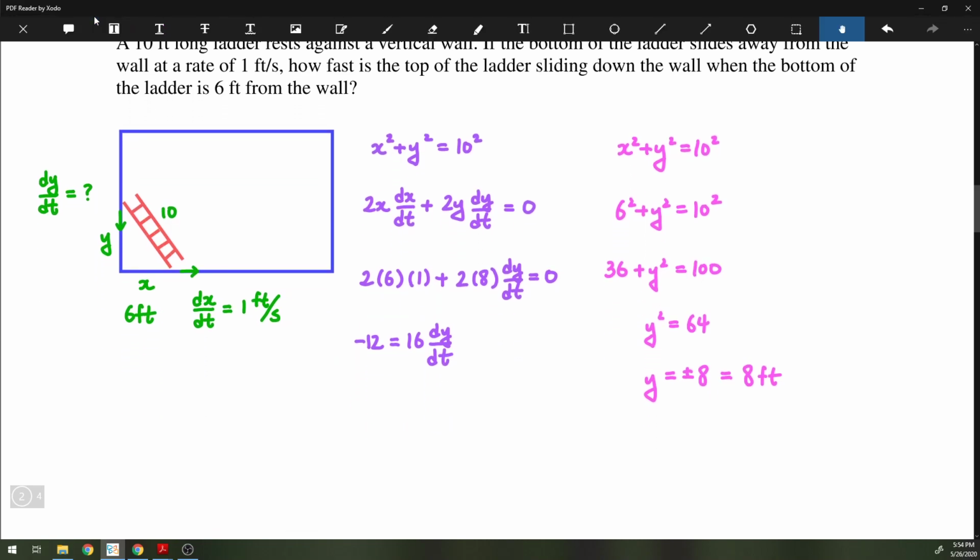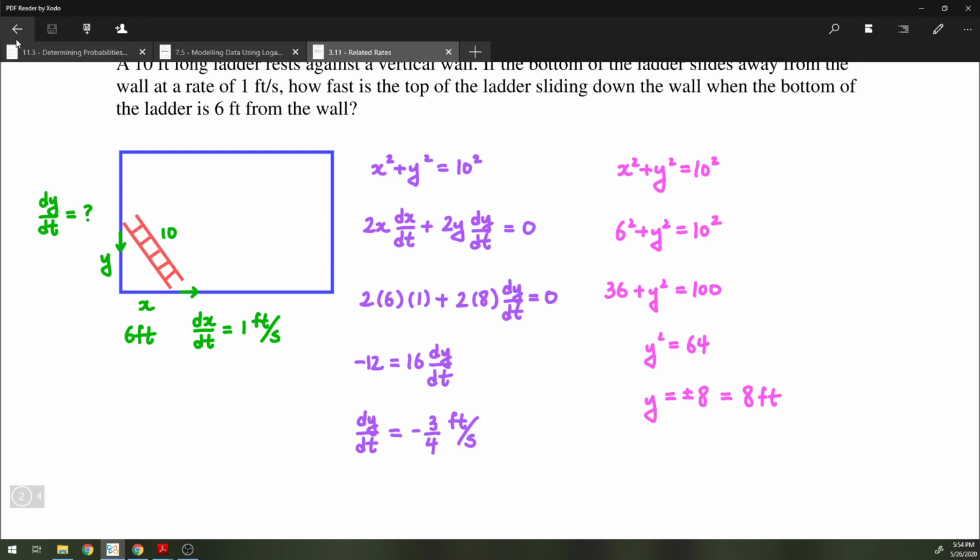So finally, if you divide both sides by 16, dy/dt, the rate of change at which the top of the ladder is falling towards the ground, will be negative 3/4 feet per second, which makes sense. It should be negative because if we make the assumption that up is the positive direction, and we know that the distance is decreasing, so it makes sense for it to be negative there.